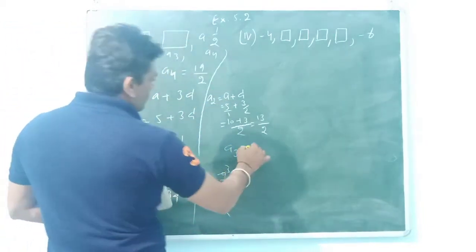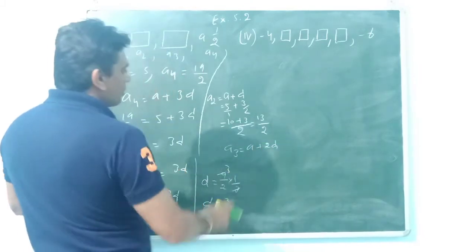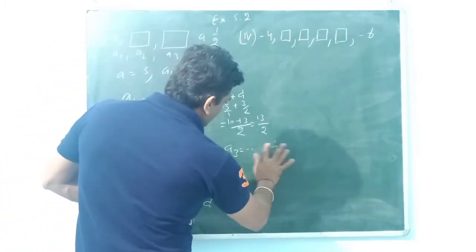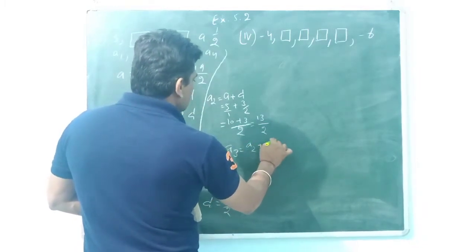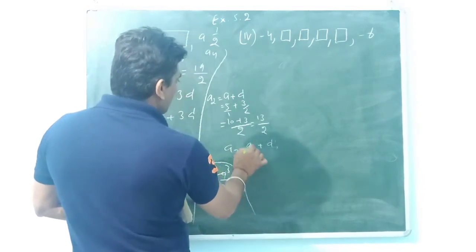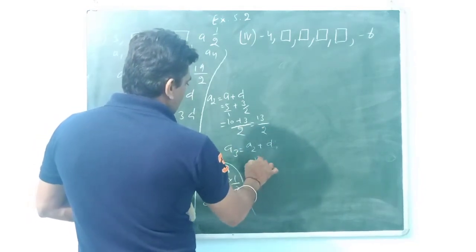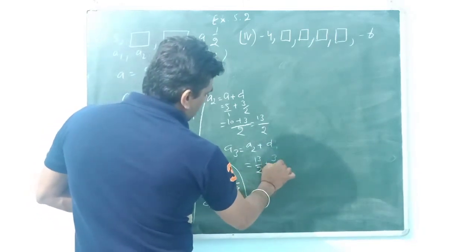Now A3. This A3 equal to A plus 2D, or A2 plus D. What is A2? 13 by 2, and D is 3 by 2.